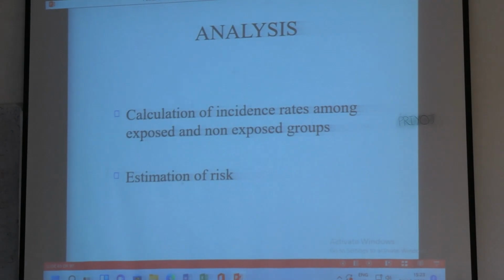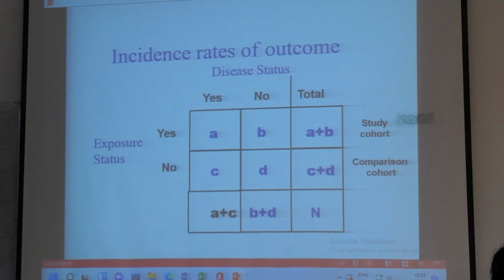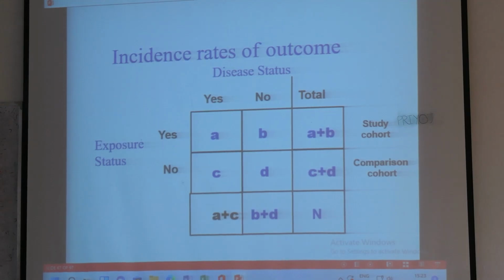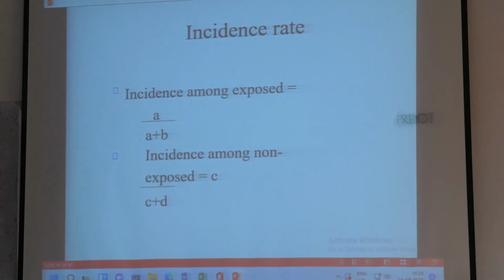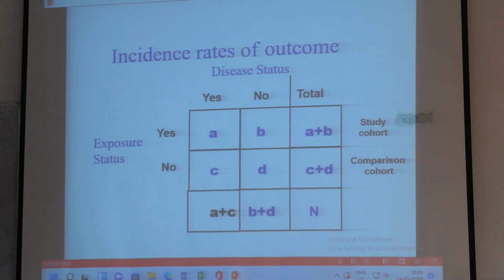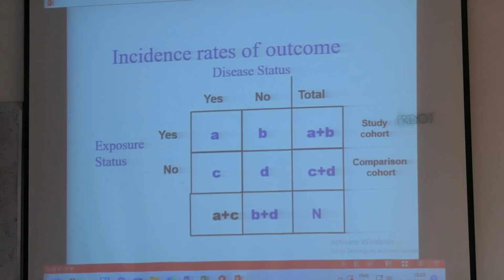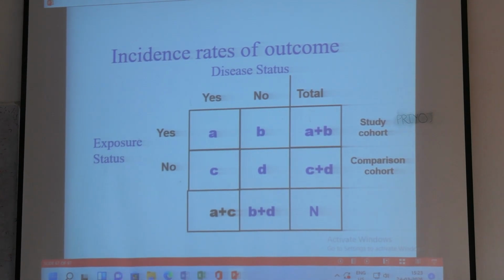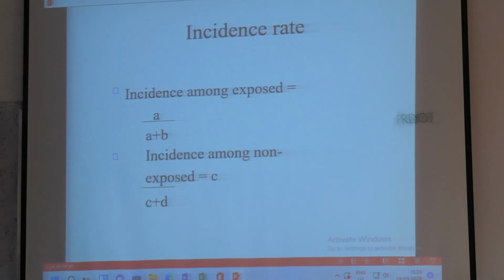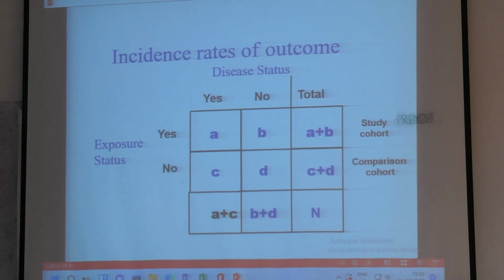Okay, so analysis: calculation of incidence rate among the exposed. This we've talked about earlier also. This gives you an incidence rate. Incidence rate means the actual number of cases. How many people have the disease?